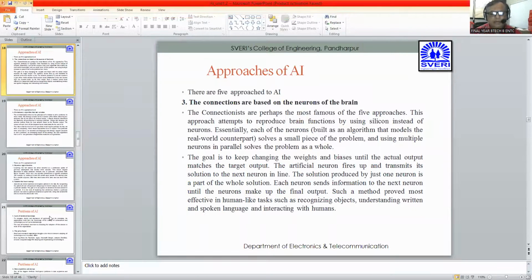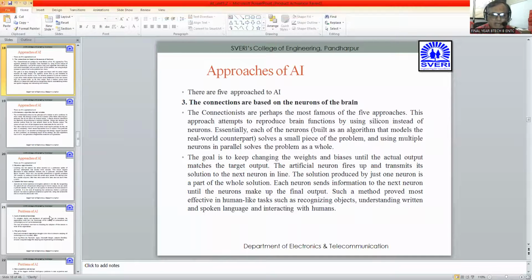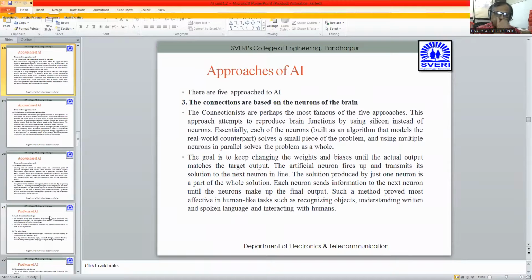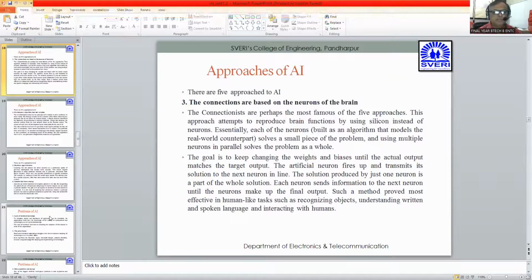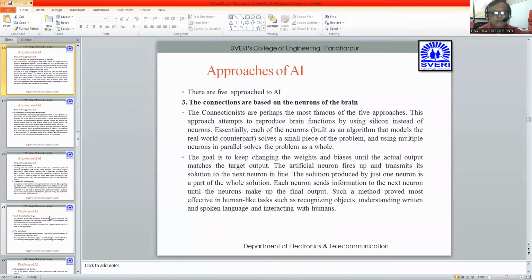These neurons in the brain will help you to recognize objects, to understand written and spoken language, the languages which you read or write, and also interacting with humans. These are some of the things that will be useful as far as the connectionist approach based on neurons of the brain is concerned. So this is the most famous and one of the most important approaches of AI.